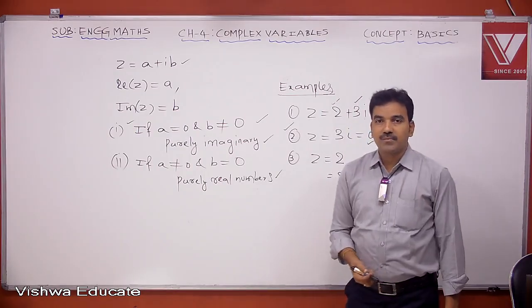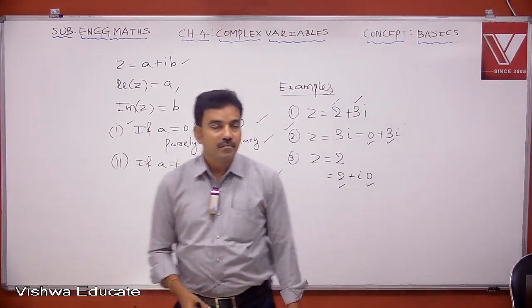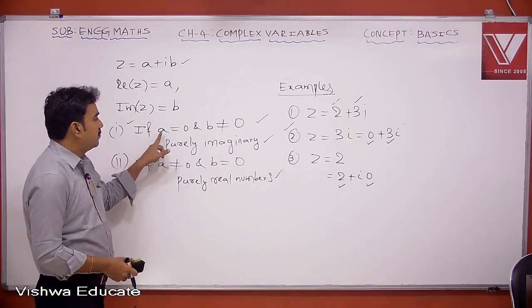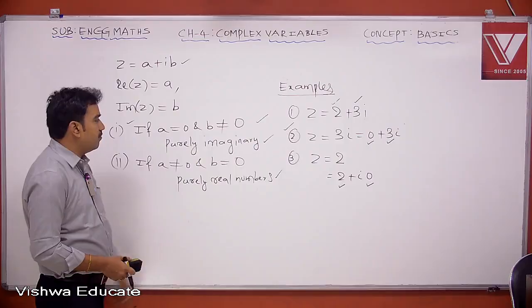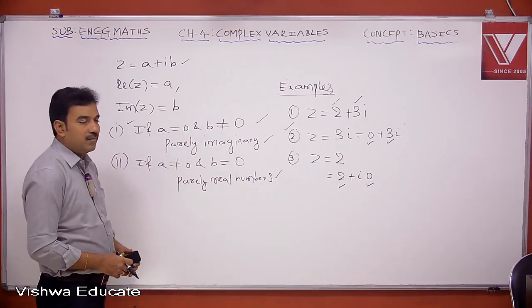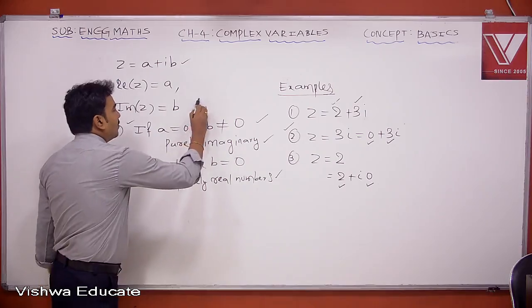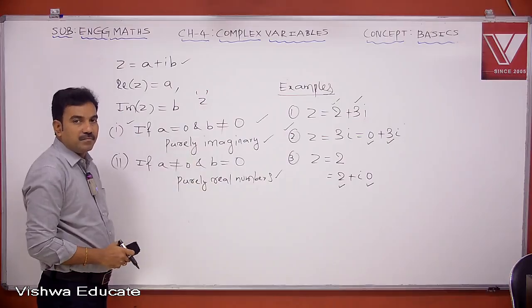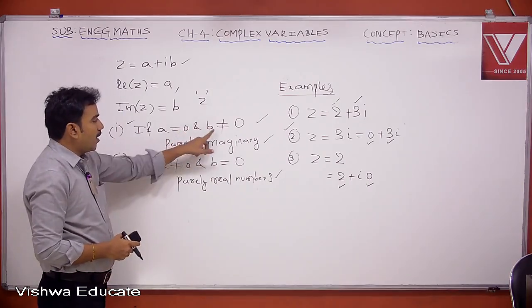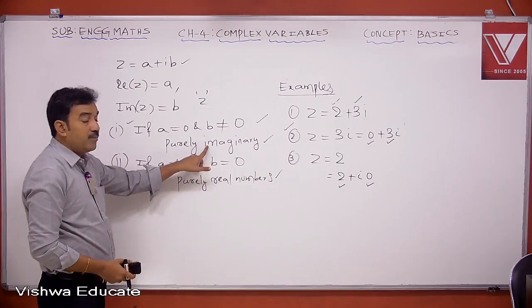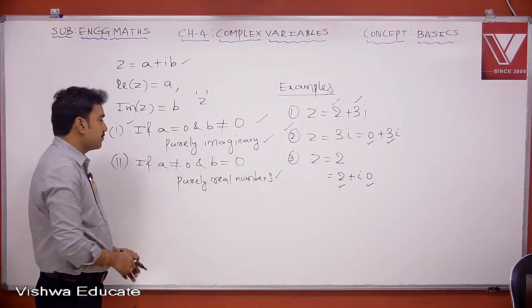Note these points. Note, if A equal to 0 and B not equal to 0, then Z is called a purely imaginary number.